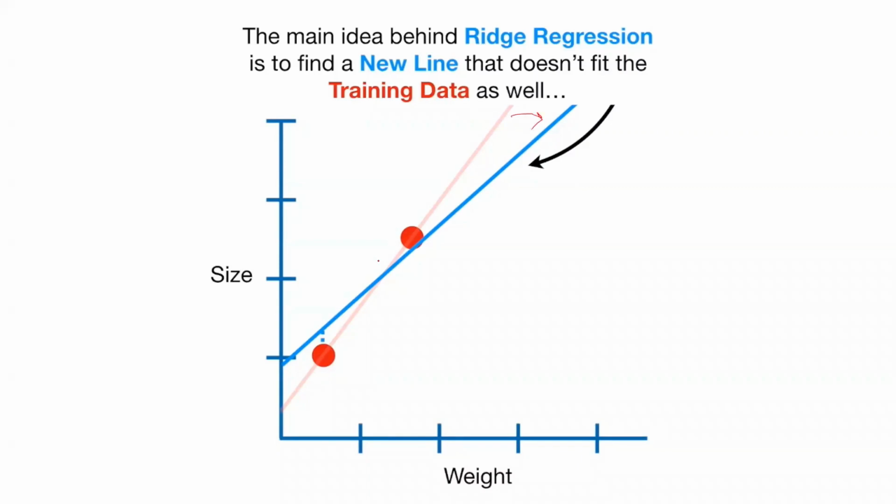Earlier your line was this green line, and now you want to create a blue line, which will introduce some bias in the data, and this will eventually lower your variance.